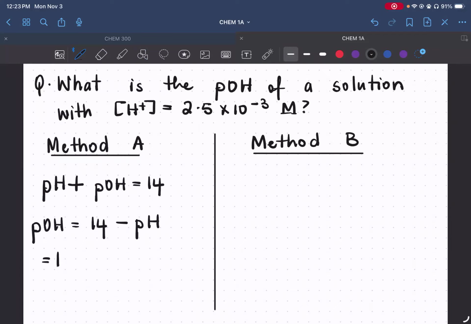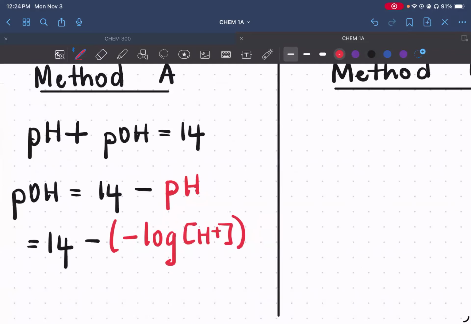Based on one of the formulae we just saw, this is the same thing as 14 minus, and let me use a different color here to make it clear, pH is equal to the negative log of the H plus concentration. I wrote it in a different color to make it clear those negative symbols. Remember, the letter P literally stands for negative log. So these are going to be two negative symbols together.